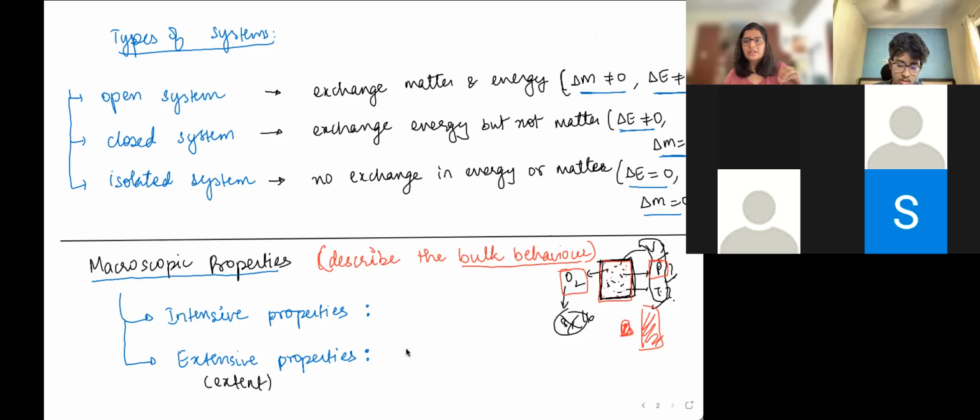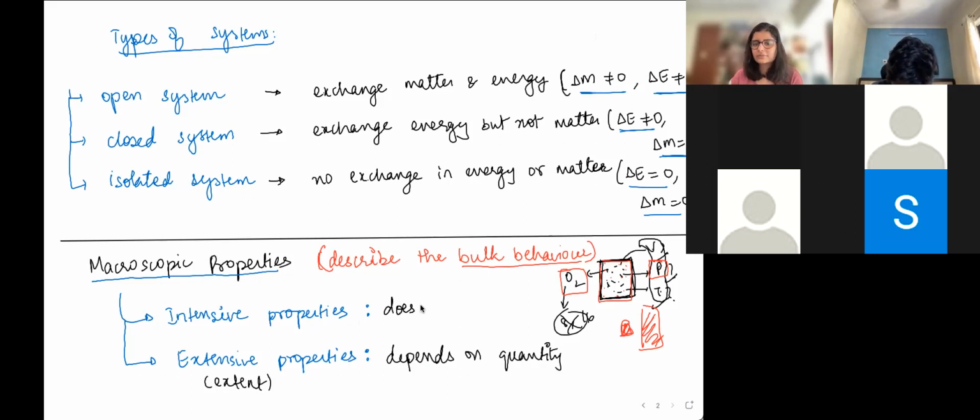Extent means how much of the substance is there. So basically this depends on the quantity. And an intensive property is the opposite of it. So this does not depend on the quantity.